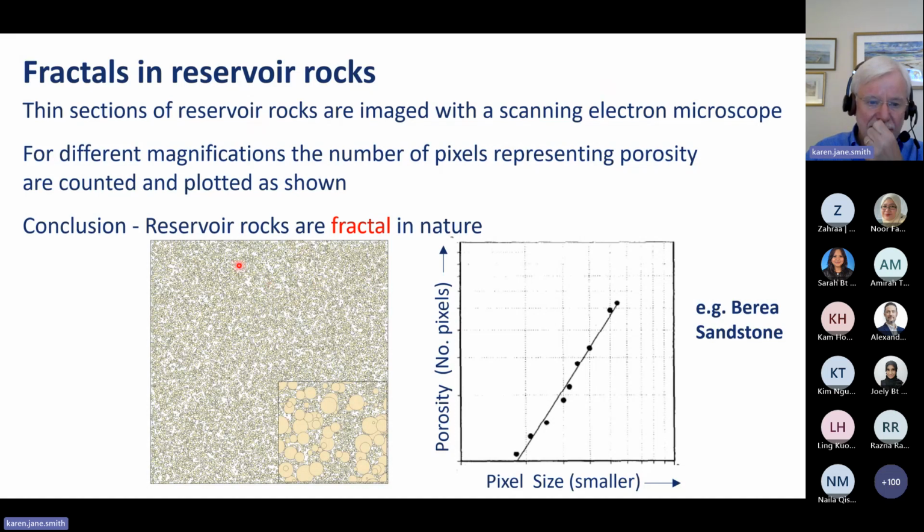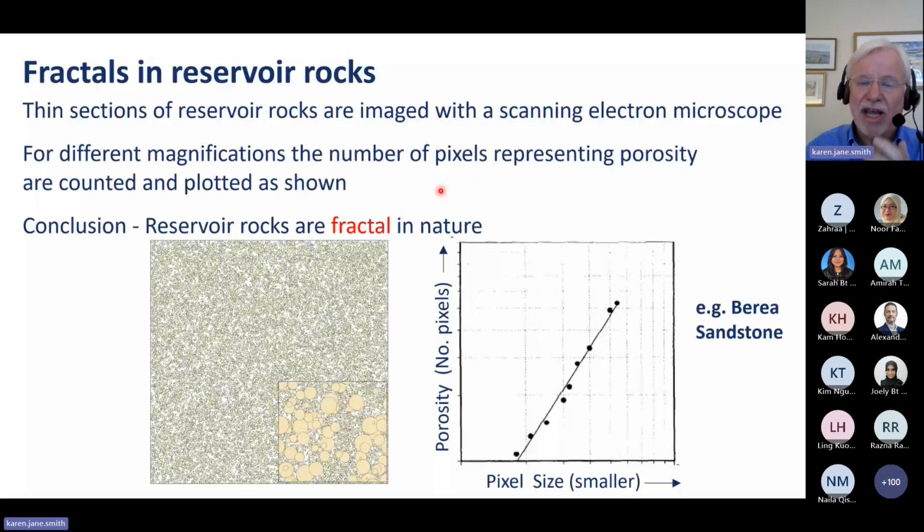Now the white bits are the porosity. Now we can calculate the porosity of this rock by simply adding up the number of white bits. Each of the pores is represented by a pixel, which is white. So we can count the number of pixels. Very simple. They represent porosity.